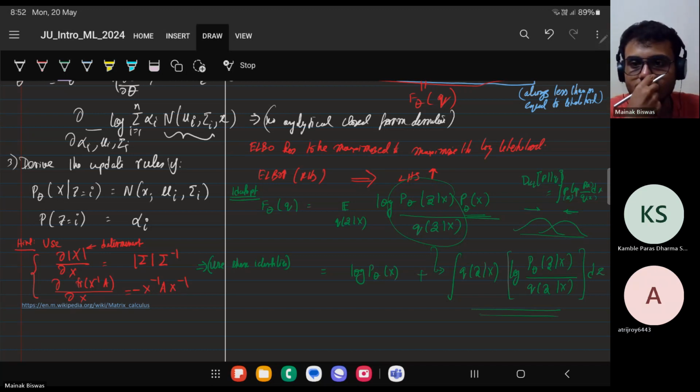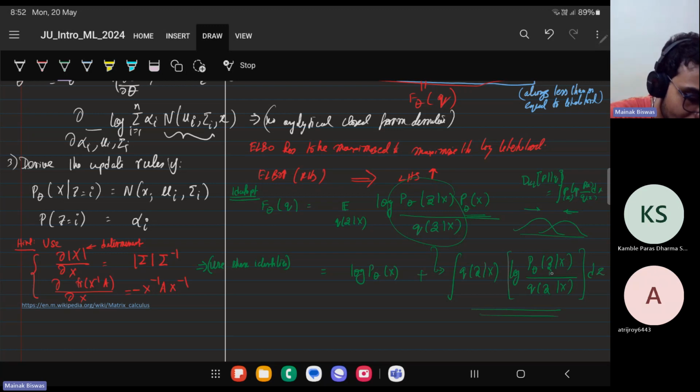So the KL divergence was the measure of the distance between the distributions. Whenever they were the nearest, if they were equal, this goes to 0. We showed it is always greater than or equal to 0. We can also show it now. If they are equal, this goes to 0. This has to be greater than or equal to 0.